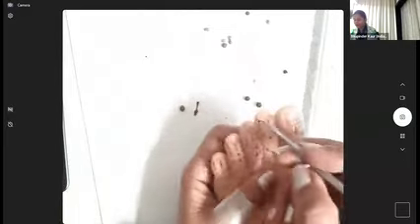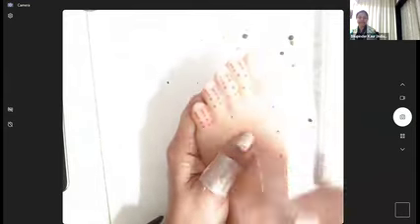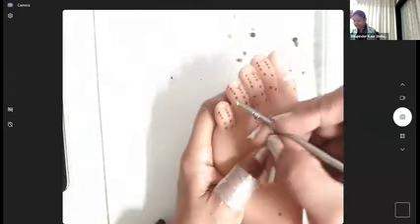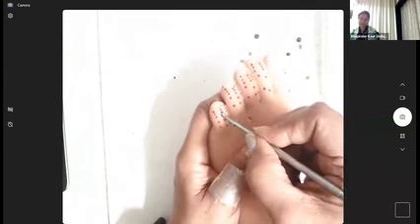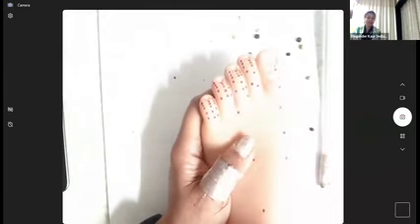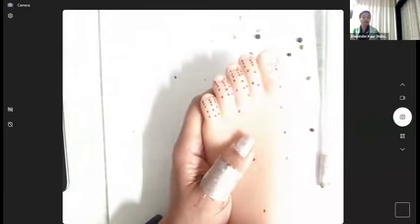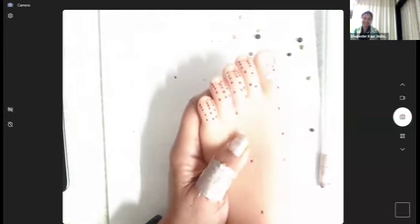And in toes, very, very effective. But this area is very sensitive, so you cannot press deeply like you did on hand. First you try on your own foot, then only you will know how much pressure is required before you do it on the patient's feet.